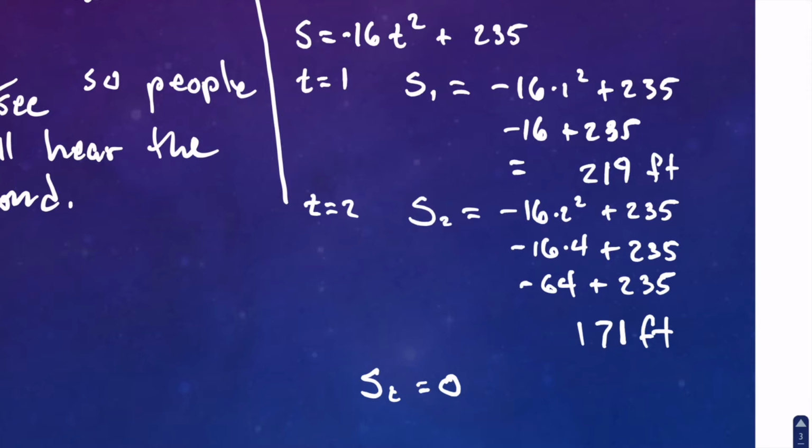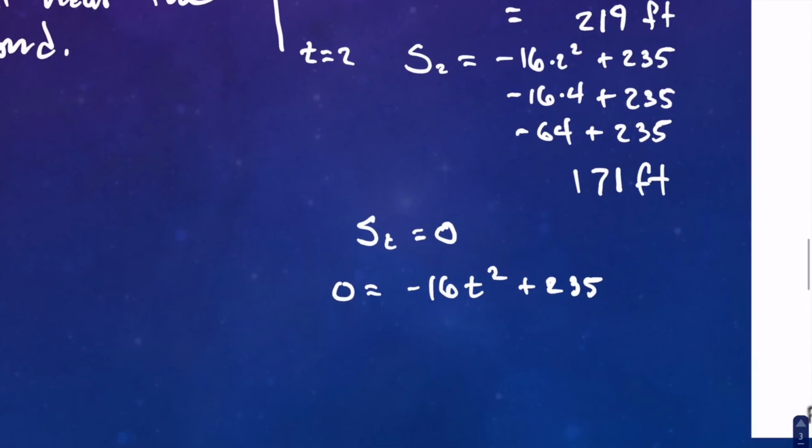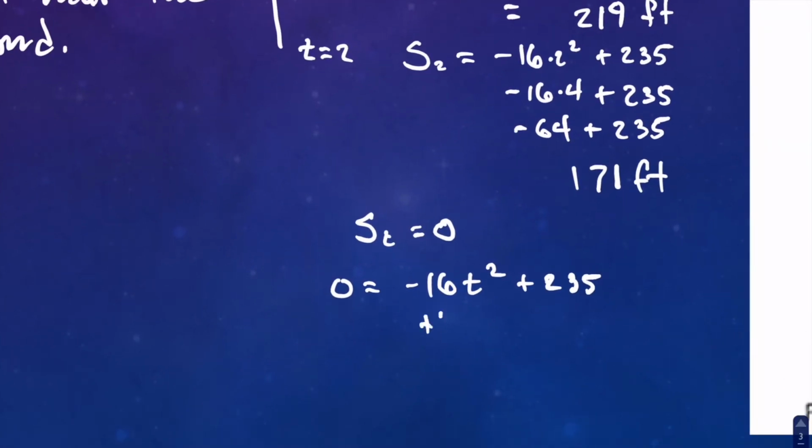So let's calculate that. 0 is equal to negative 16 t squared plus 235. If I add 16 t squared to both sides, I get 16 t squared is equal to 235.